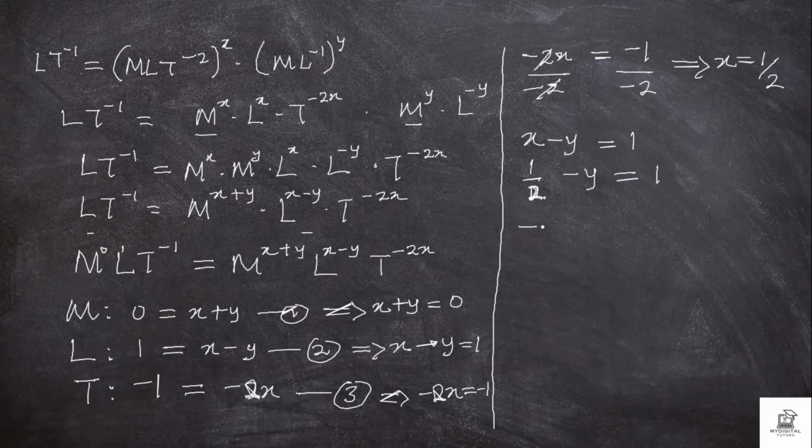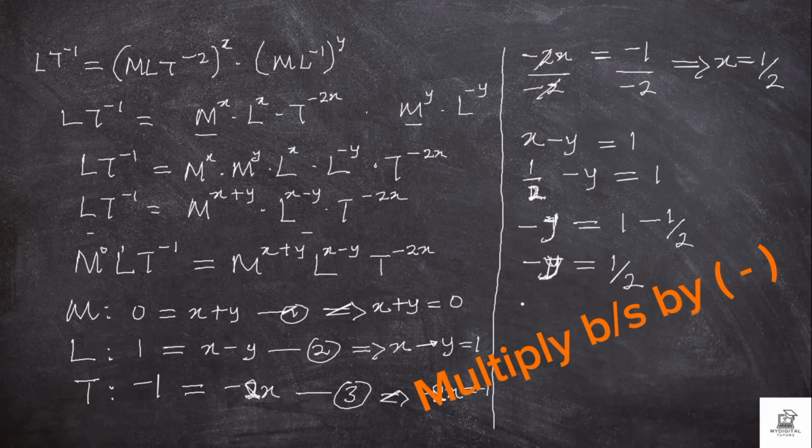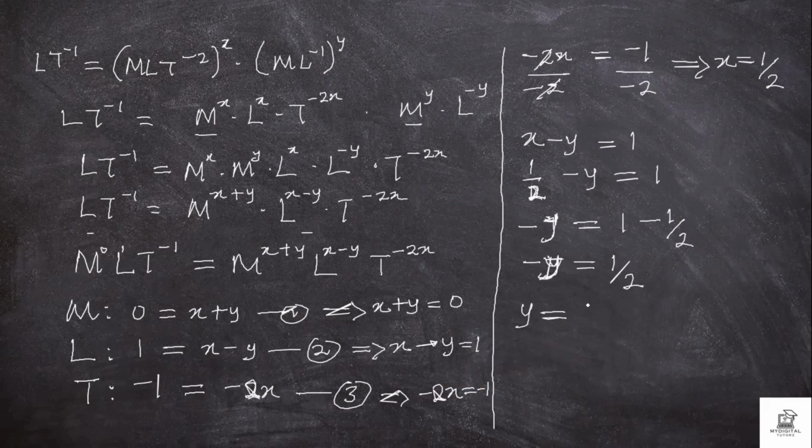So in that case, I have minus y is equal to 1 minus 1 over 2. I have minus y is equal to what? 1 minus 1 over 2 is 1 over 2. Now multiply both sides by minus 1. My y will be equal to minus 1 over 2. Is this clear now?